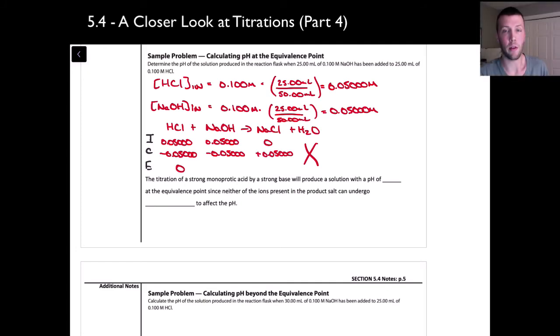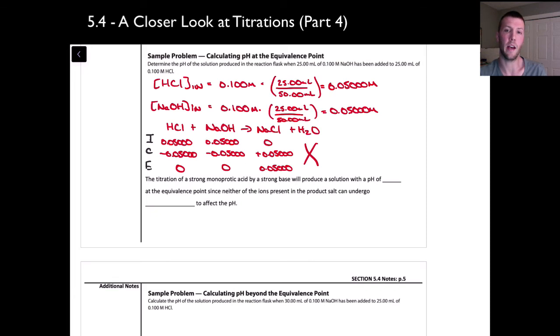I'm going to be left with no moles of hydrochloric acid, and I'll have 0 moles of sodium hydroxide. I will produce 0.0500 molar sodium chloride, but again, it is a neutral salt, therefore it won't hydrolyze and affect the pH of the final solution.